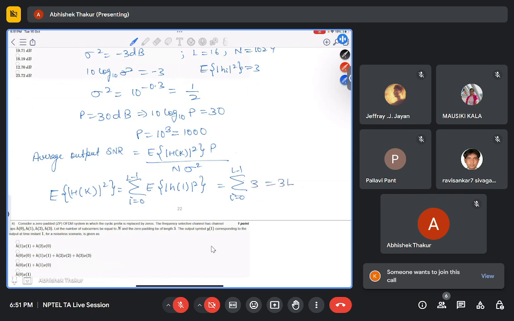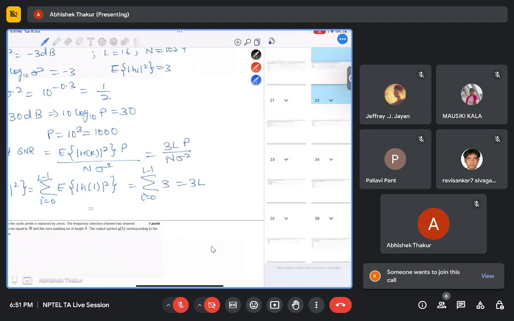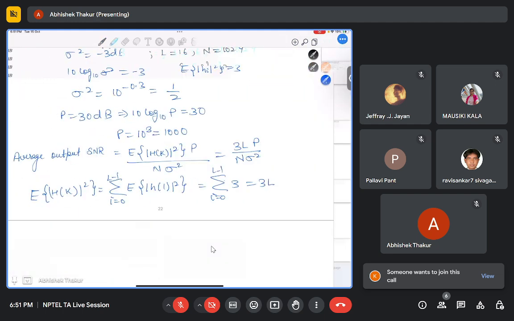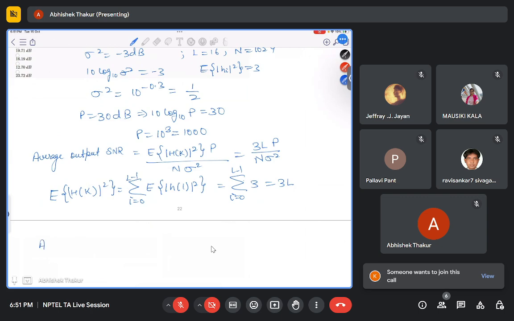So our output SNR will be 3L into P divided by N into sigma square.